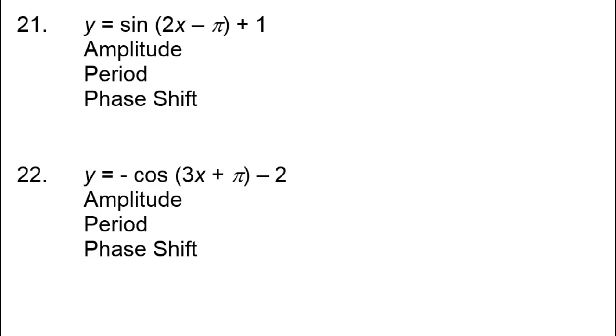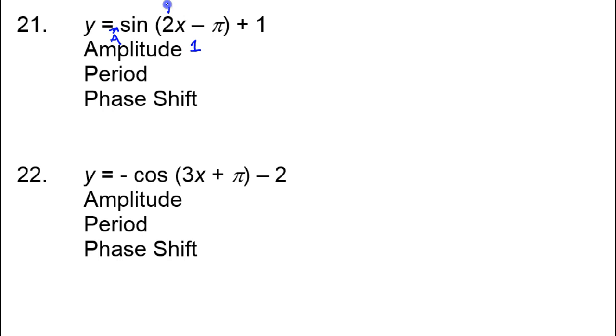So on problem number 21, the a value goes right here. There is no visible a value, which tells you that the amplitude must be 1. Now, there is going to be a b value. Normally the b value goes right here outside the parentheses. We have to do something special with this because this 2 is going to turn out to be the b value, but we have to factor it out.